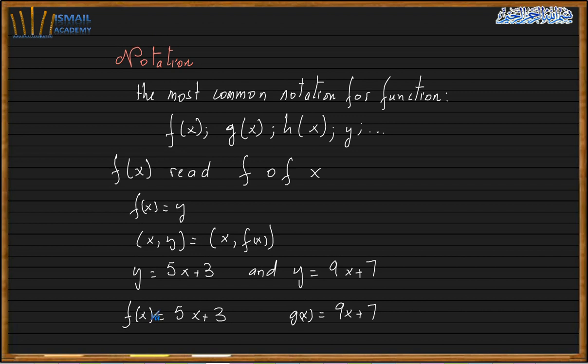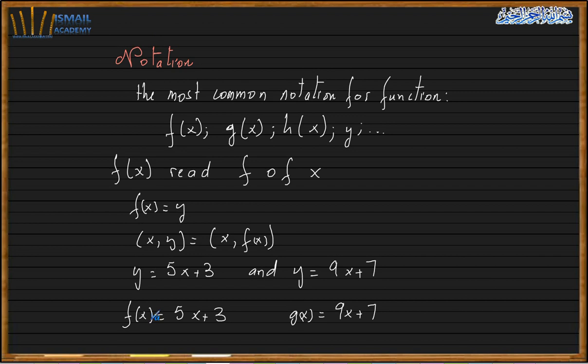Now, how can we check if a given relation is a function or not? We can use the graph test, which is called the vertical line test.